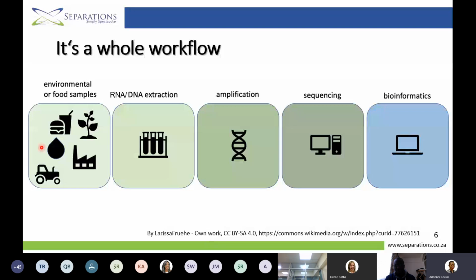So it's an entire workflow, and whatever you get during your data analysis will be impacted by each of these steps: from the sampling, extraction, amplification, and through the sequencing process.